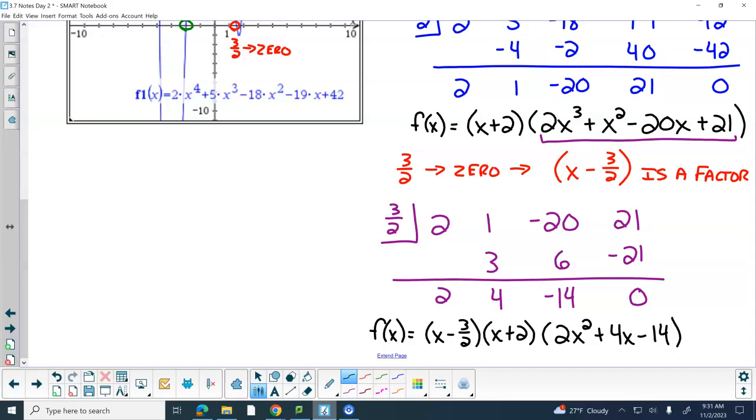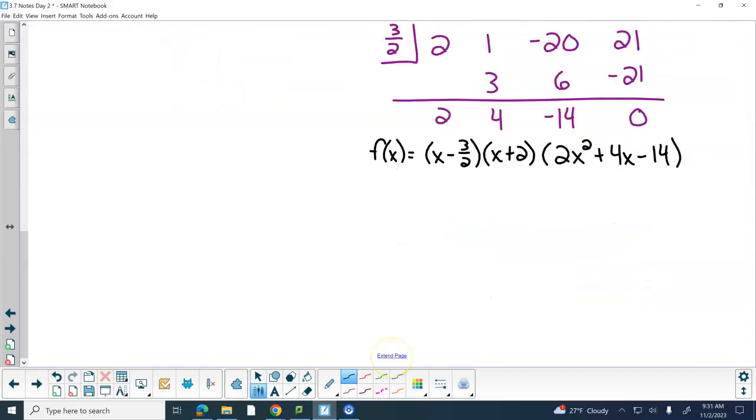Okay? So now I can set my factors equal to 0. And those are the two that we found from our graph.